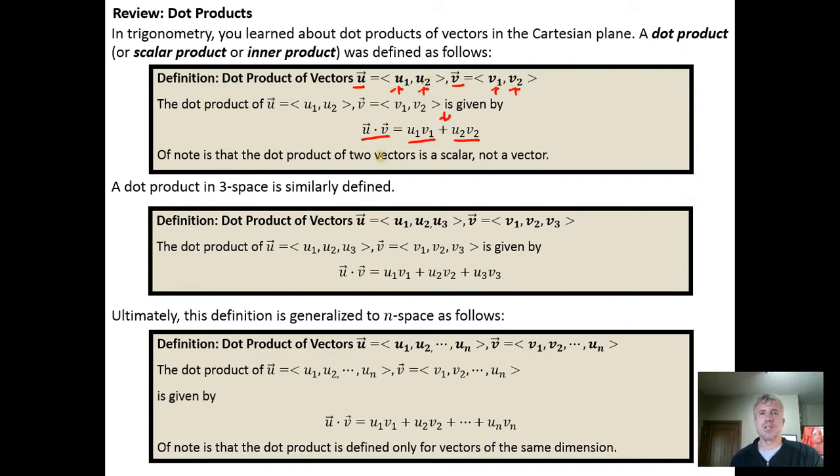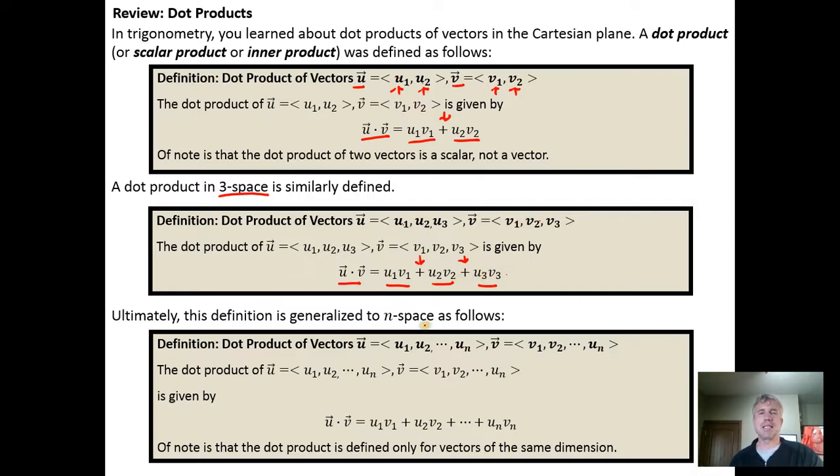And that definition for the dot product in two-dimensional space extends into three-dimensional vectors, vectors that have 1, 2, 3 vector components. The definition still says to take the dot product, u dot v, take the sum of the products of corresponding vector elements, u1 times v1 plus u2 times v2 plus u3 times v3.